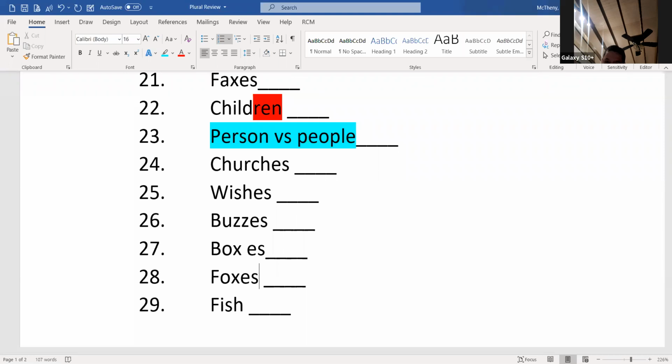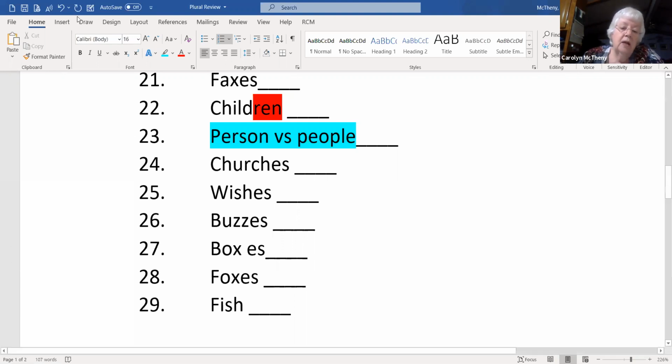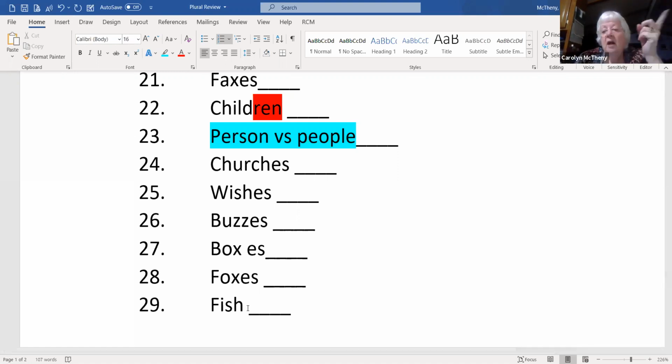And fish. Now, I'm going to show you another irregular word. This is tricky because it ends with SH. Fish. We don't add an S, we don't add an ES, we don't add an EN.